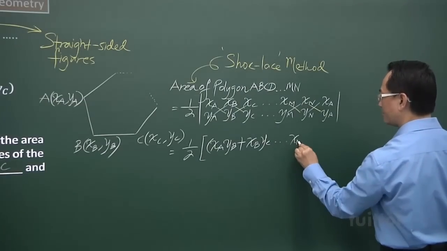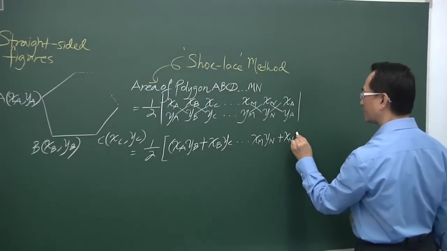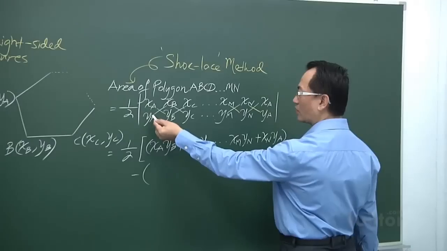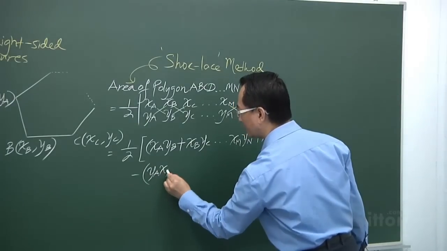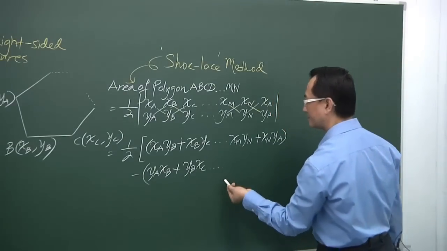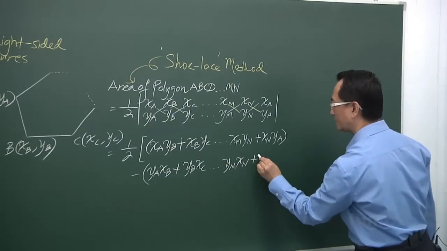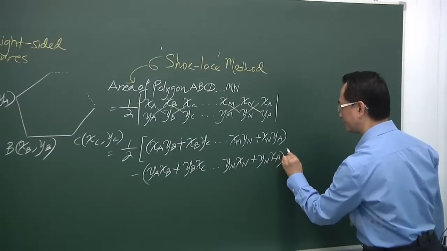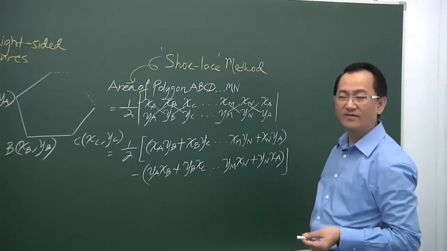Then XM times YN plus XN times YA, minus, I will go from bottom up, the YA times XB plus the YB times the XC, then the YM times XN plus the YN times the XA. So this will actually produce the area of the polygon.